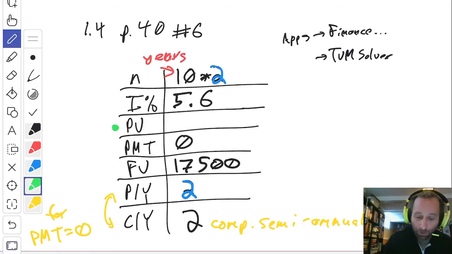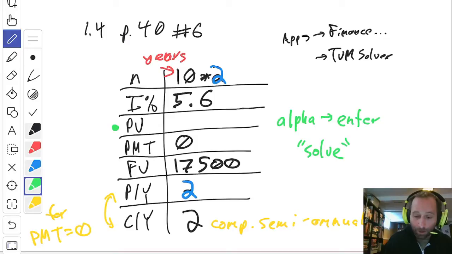You're going to put these values into your calculator, and then press the green alpha key, followed by enter, and that will choose the solve option on your calculator.